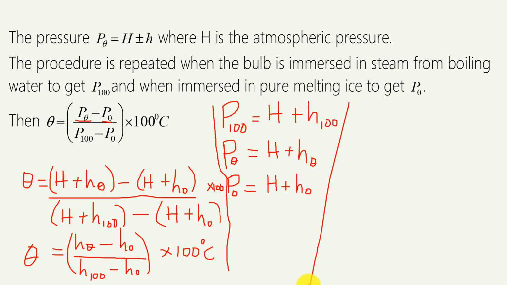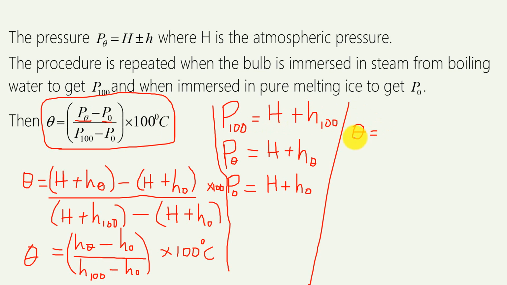So, in other words, what I want you to know is that if you don't use the formula for the constant volume gas thermometer, theta equals P theta minus P naught over P100 minus P naught times 100 degrees Celsius, because here you have to first calculate the pressures.